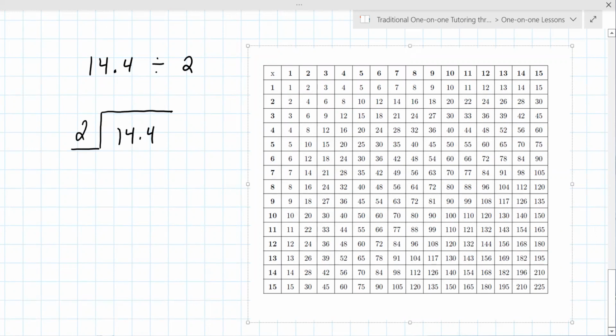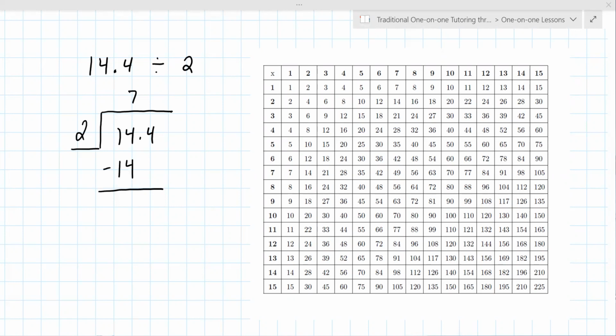Okay, good. That goes 7. So we put the 7 on top of the 14. And then afterwards, 2 times 7 is 14. Then bring the 4 down.